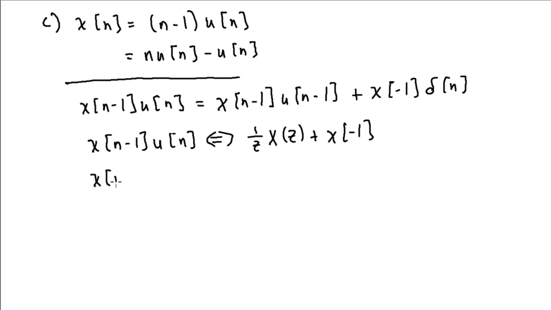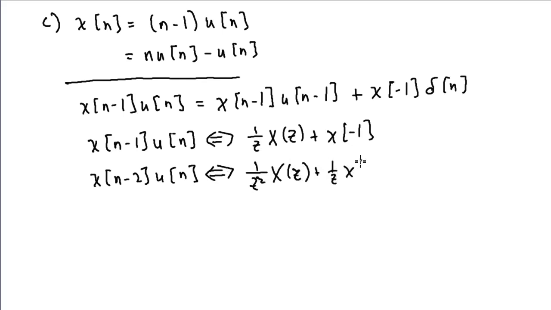Just continuing this process, the Z-transform of x of n minus 2 u of n would be, I would just multiply all of this by 1 over z, so I'd have 1 over z squared X of z and then plus x of minus 2.